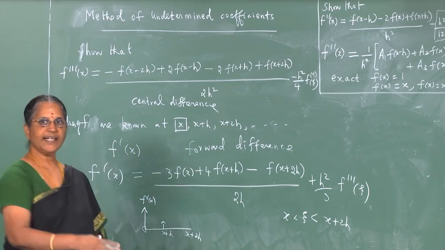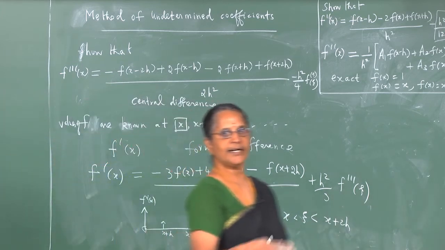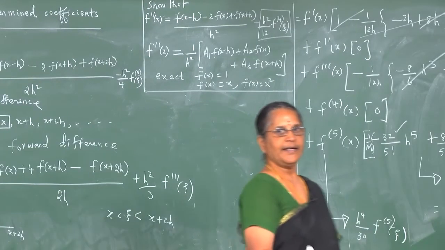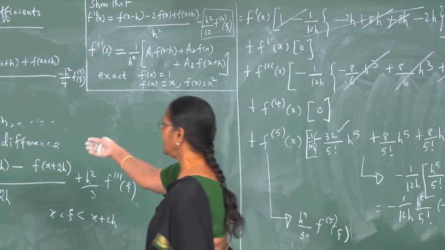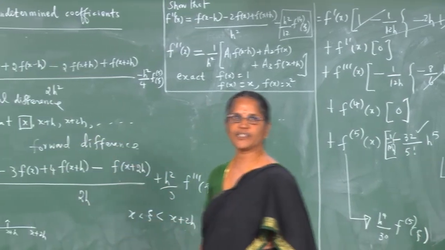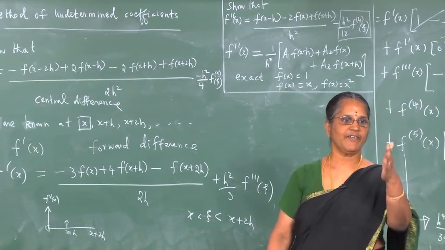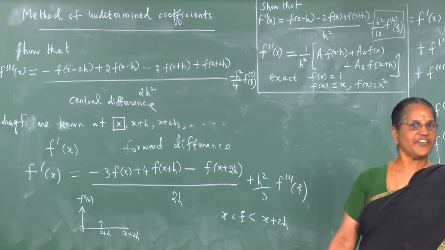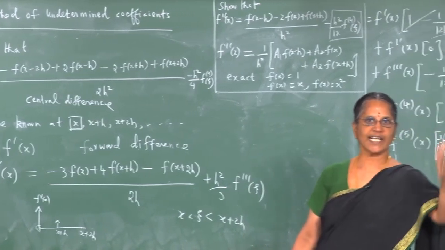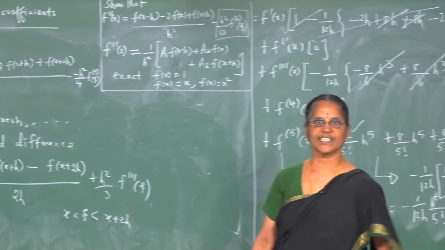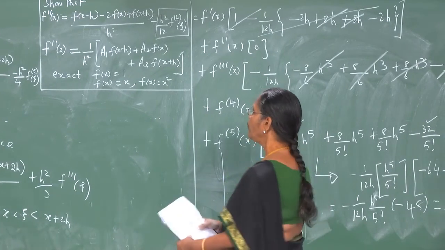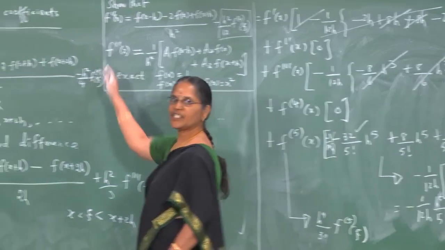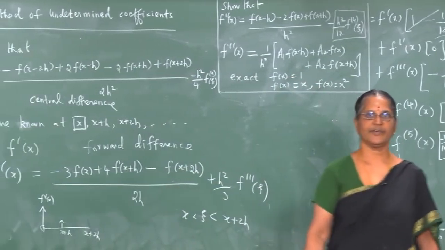So, you can derive by the method of undetermined coefficients either forward difference approximations and analogously backward difference approximations in terms of the values to the left of x, namely values at x minus h, x minus 2h and so on, for various order derivatives, or using central difference approximations for any order derivative.